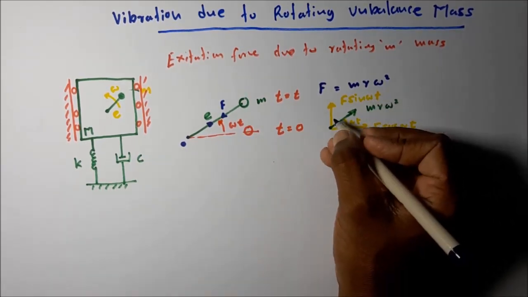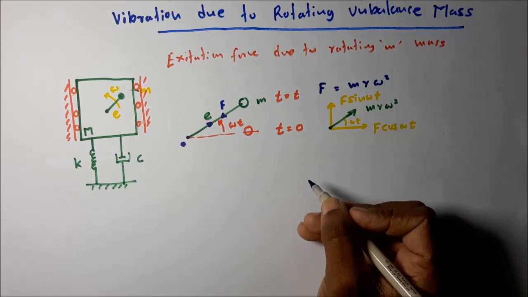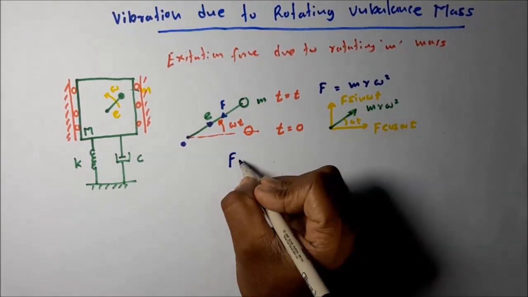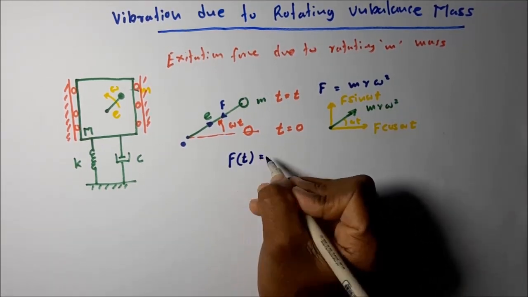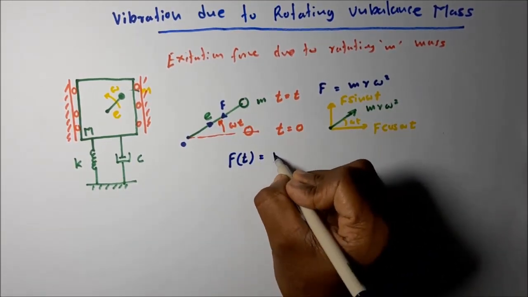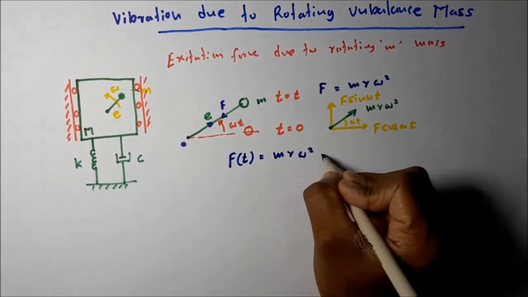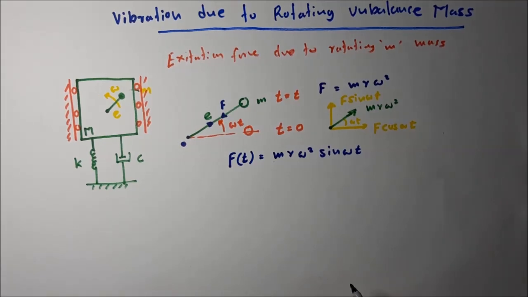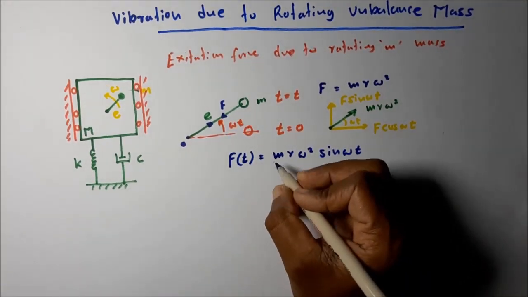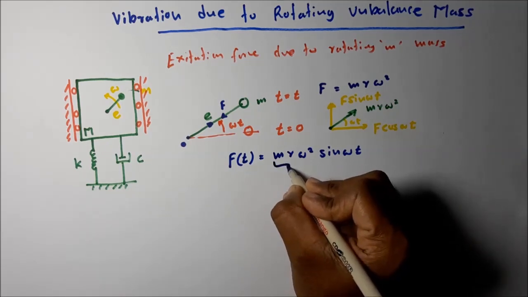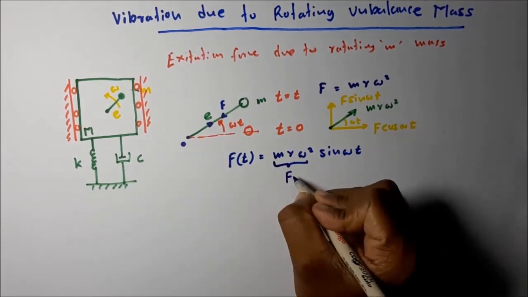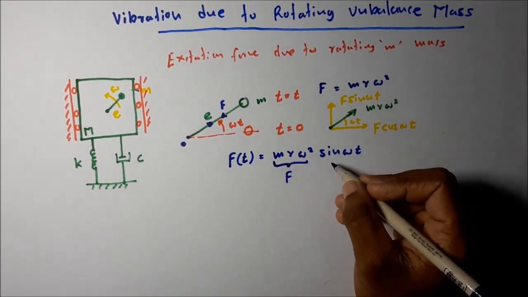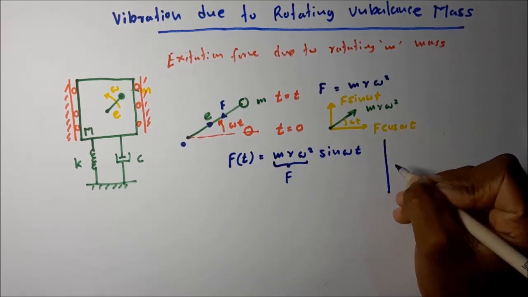This component acting on the m mass is a time varying component, m r omega square sin omega t. You can see this is the same as in the previous lecture. This is the magnitude of the excitation force, represented by the sin omega t function. That means it is acting like this.